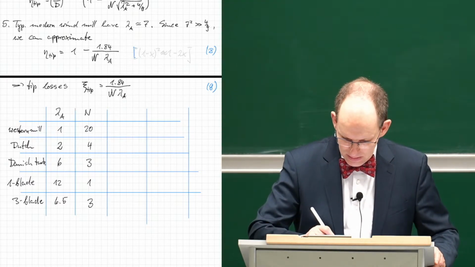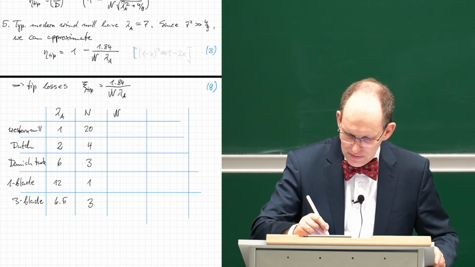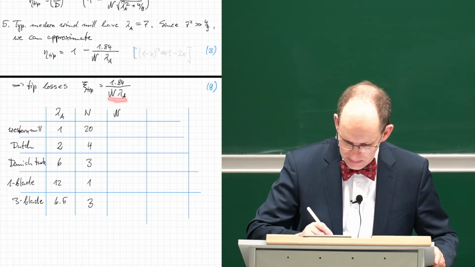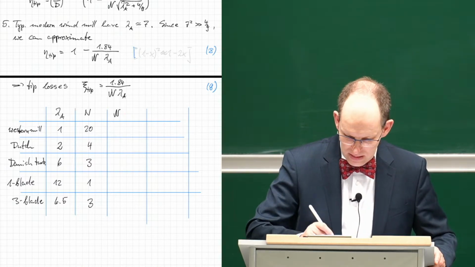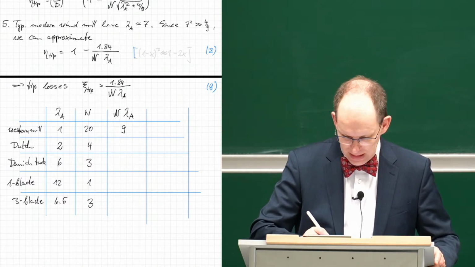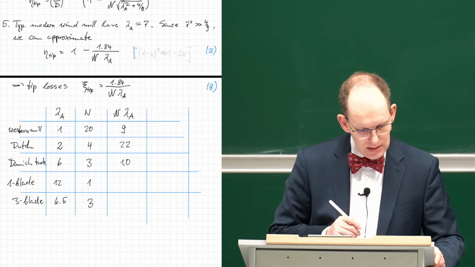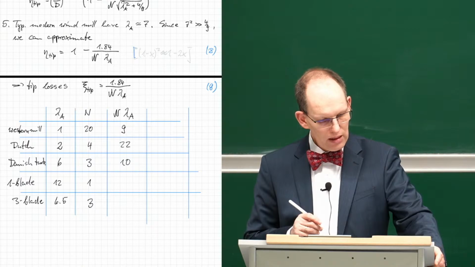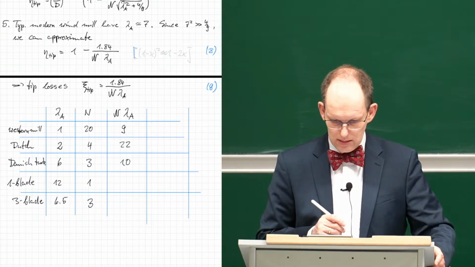Right? And now we see that we have here in the denominator N times lambda A. So we write that down here, and we find here 9, 22, 10, no, that's nonsense.